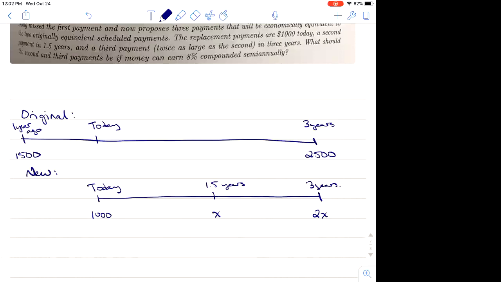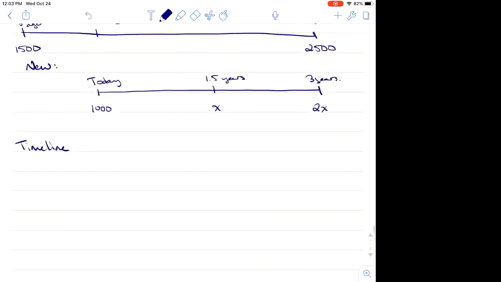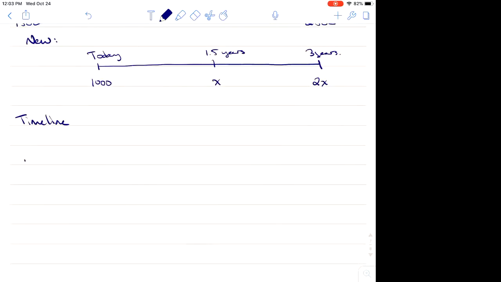I just find it's helpful to map out the original one and then map out the new one and just kind of see what's going on before I go ahead and make my timeline. Okay. So now I know that my timeline is going to start at a year ago and go to 3 years from now.